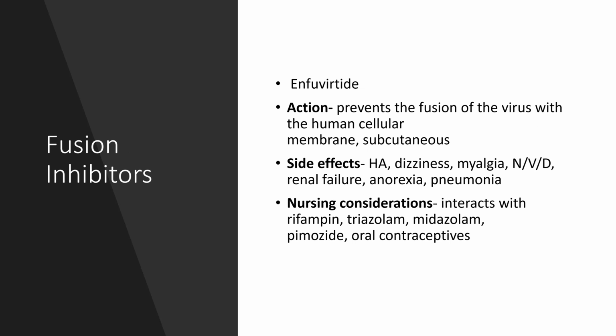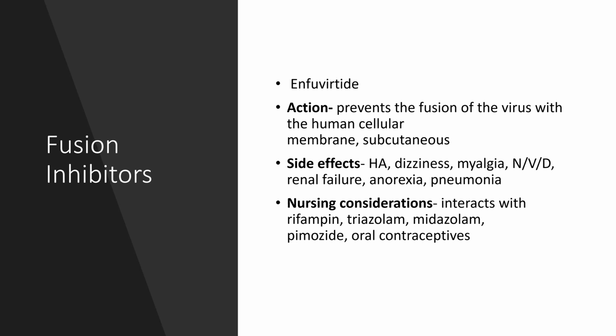So again, if they're taking this medication, you would be telling them to use another form of contraceptive, and then you would question in order for this medication if they're taking any of the following meds. You would also be watching a CMP in this case, since renal failure is an option, and encouraging infection control.